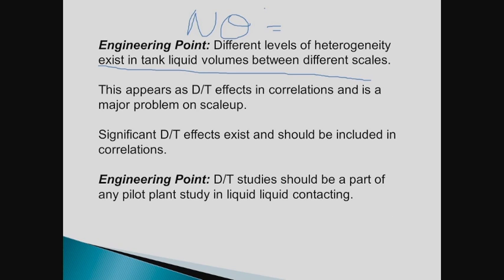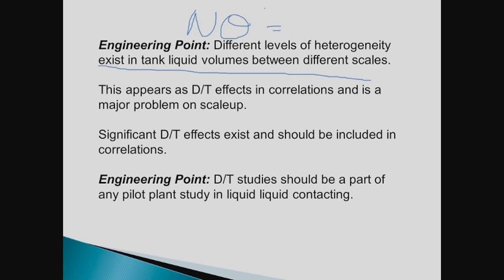Let me say that one more time. On scale up, the mixing time for big tanks has to go up. It's simply not possible to mix them in the same time as at small scale.